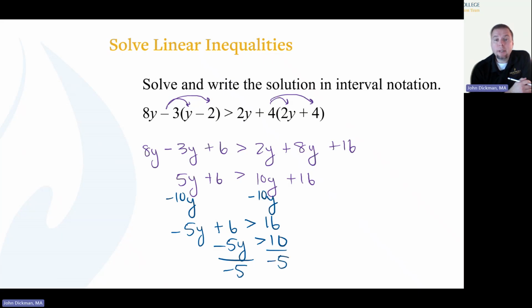So what happens here is I do have y, and I do have -2. That hasn't changed. -5y divided by -5 is y. 10 divided by -5 is -2. But what was greater than before is now less than.